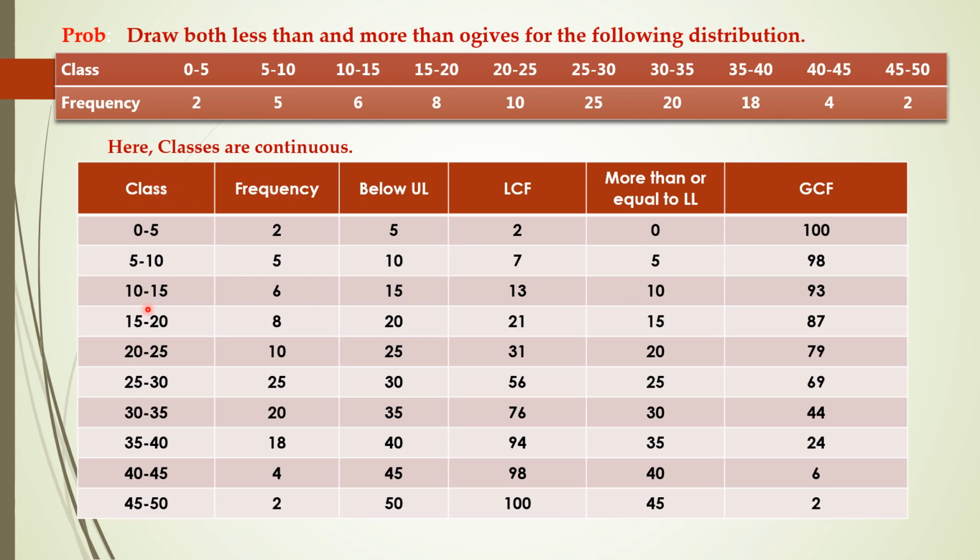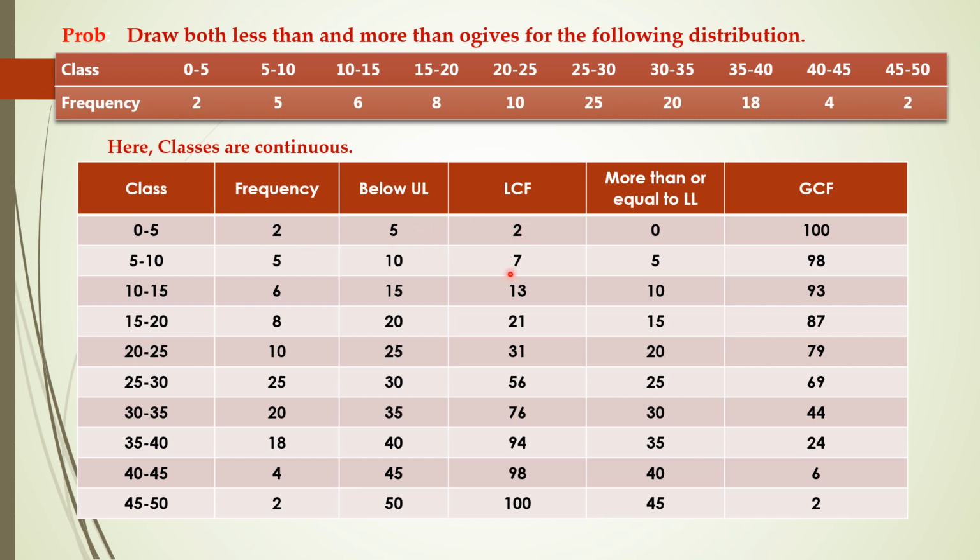Class intervals in the first column, respective frequencies in the second column. In the case of the less than type cumulative frequency distribution, we have to make use of upper limits. That's why the upper limits are 5, 10, and so on to 50. Copy the upper limits here and find the respective cumulative frequencies. The frequency of the first class interval and its less than cumulative frequency are the same, so copy 2 here.